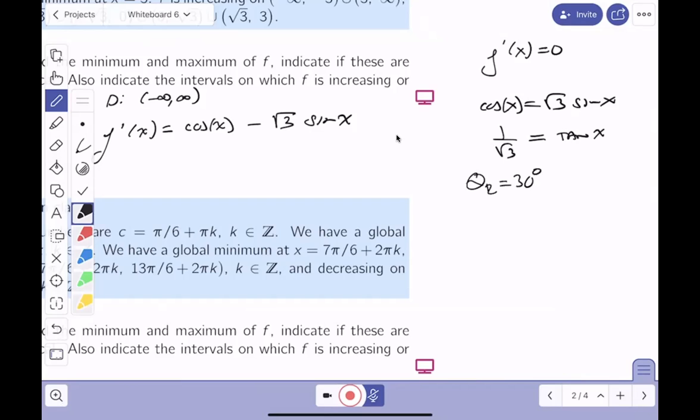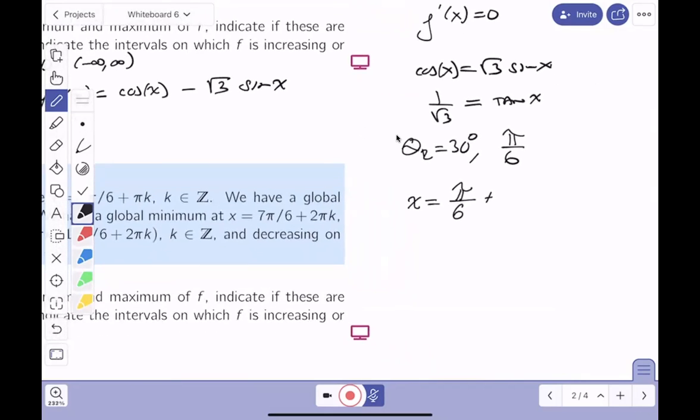Now 30 degrees, I want to point out, I really can't use that. That's pi over 6, right? So x will equal pi over 6 plus, what's the interval length of repetition for the tangent curve? It's going to be pi. So pi k. Now, I think you've probably heard me say a number of times that I'm not a native speaker of radian, but I am a native speaker of degrees.